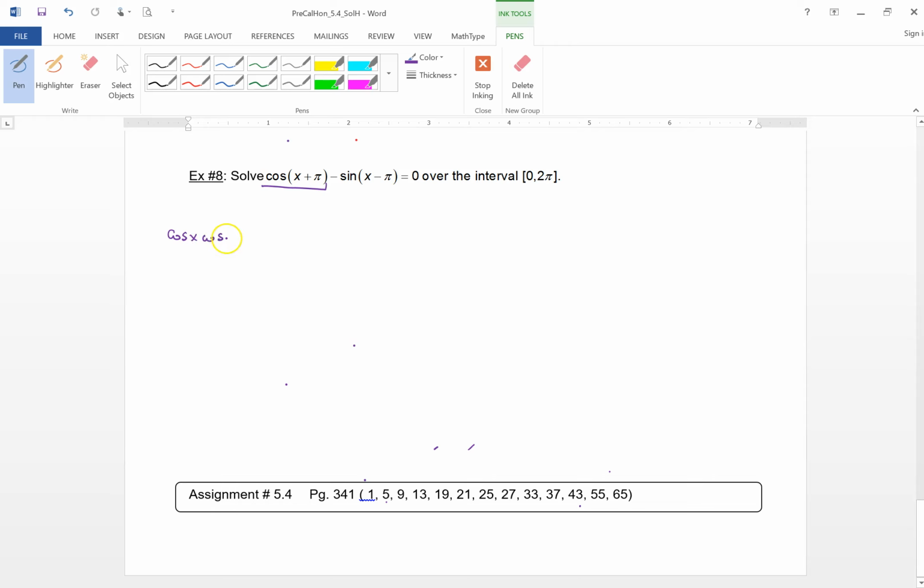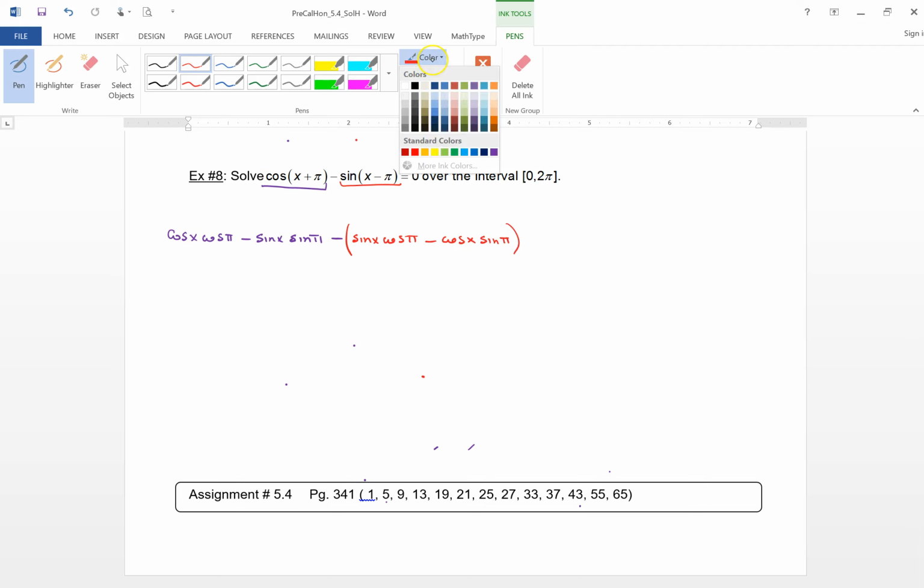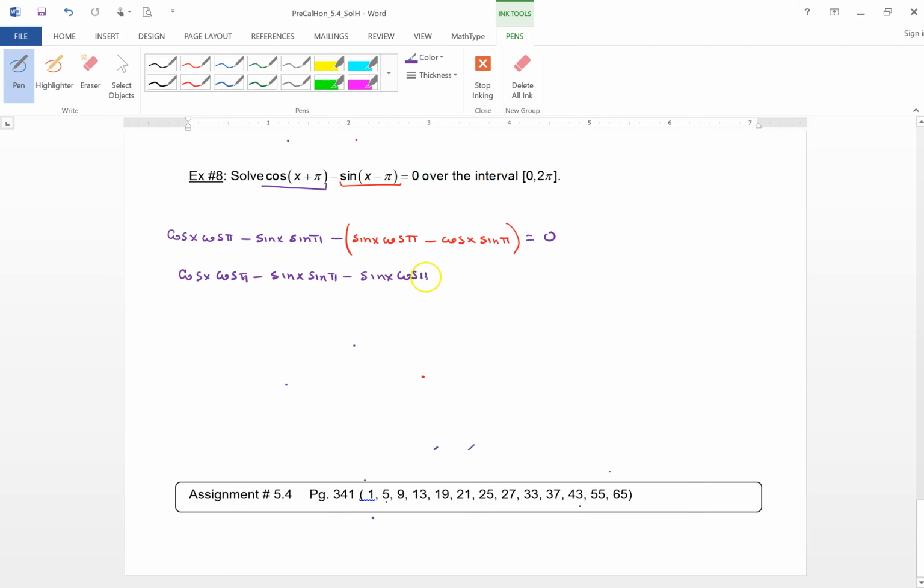Cosine x, cosine pi, minus sine x, sine pi, minus, now for this one, sine, cosine, cosine, sine: sine x, cosine pi, plus cosine x, sine pi.